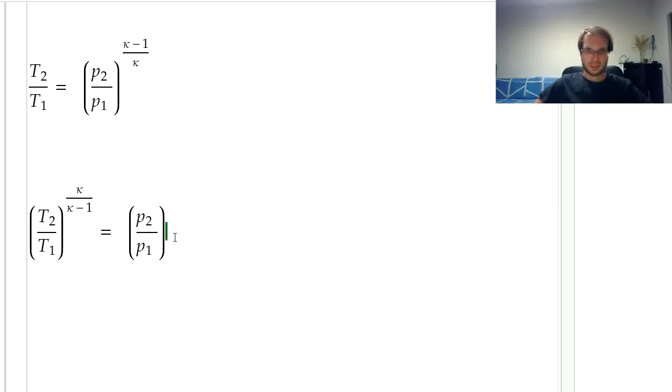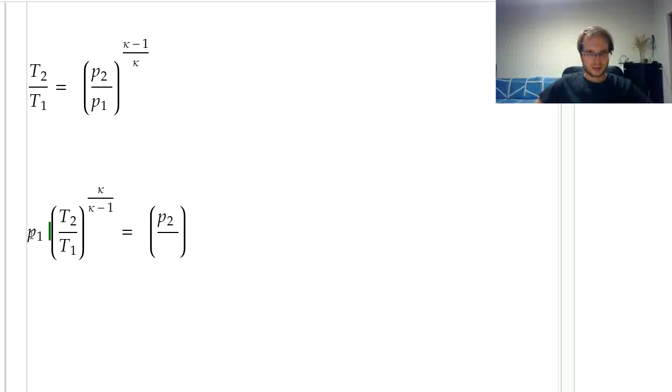And if we want to get the limiting pressure ratio where the temperature T2 after compression will be 1100 degrees C, we can write that P2 is this P1 multiplied by this member over here. So it looks like this.